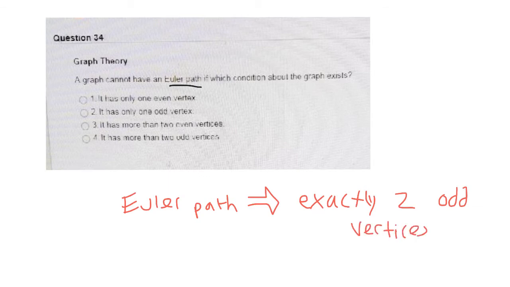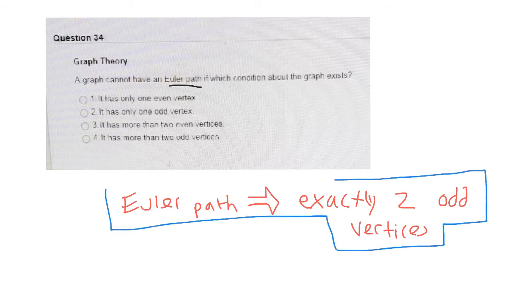All right, that's it. If this criteria is not fulfilled, if the graph does not have exactly 2 odd vertices, you don't have an Euler path in that graph.